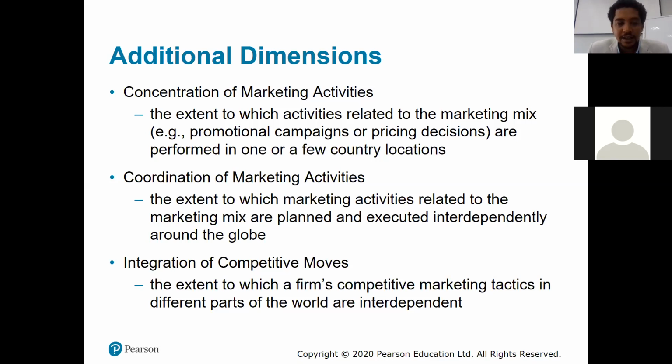And the third is integration of competitive moves. This is the extent to which firms' competitive marketing tactics in different parts of the world are independent. The reason why they must be independent is because the countries differ in their culture, in their standard of living, in their politics, in their environment. There are so many different things about each country.